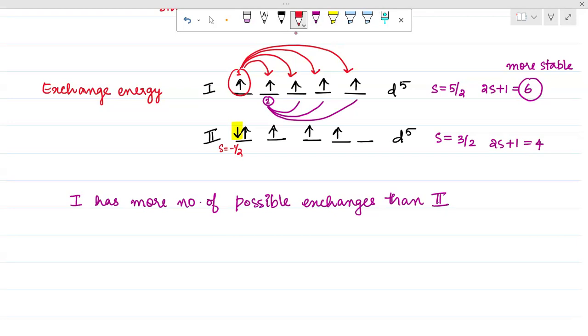So that electron cannot exchange with anyone. And the other 4 electrons can exchange between each other, but the number of possible exchanges is lower than in this one. And hence, as the number of exchanges increases, as in the case of 1, the stability also increases.